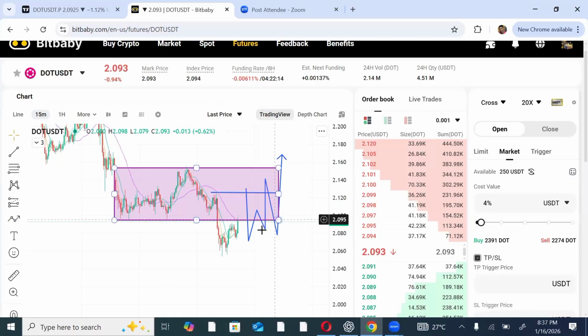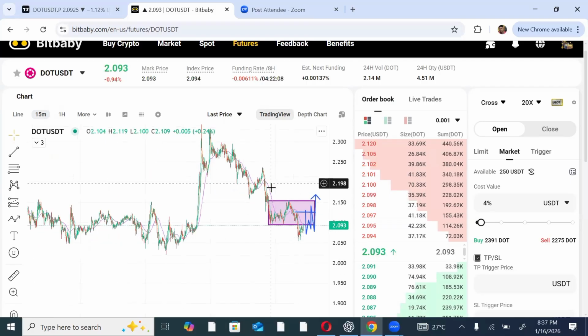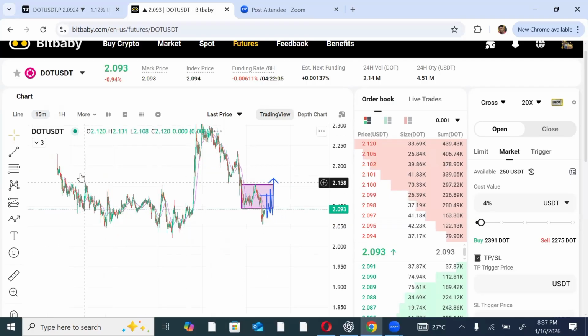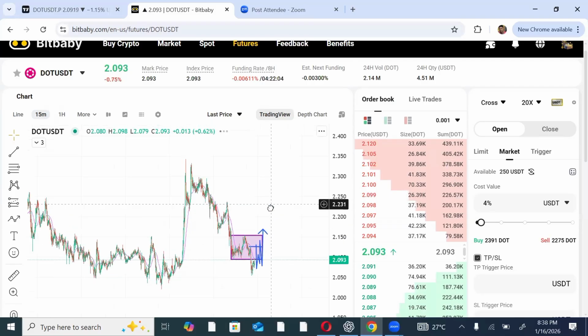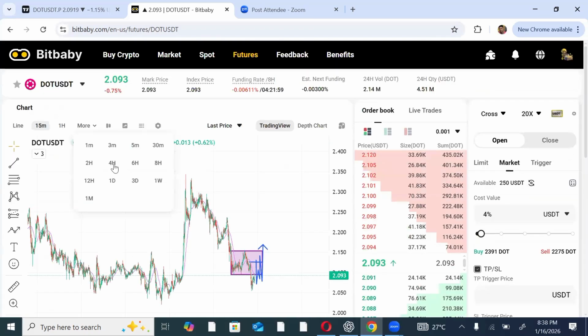This is what I want to see, guys. I want to see this form here, because the idea behind this trade is that we are going to the upside. We are going to clear out the next draw on liquidity, which is on the 4-hour time frame.